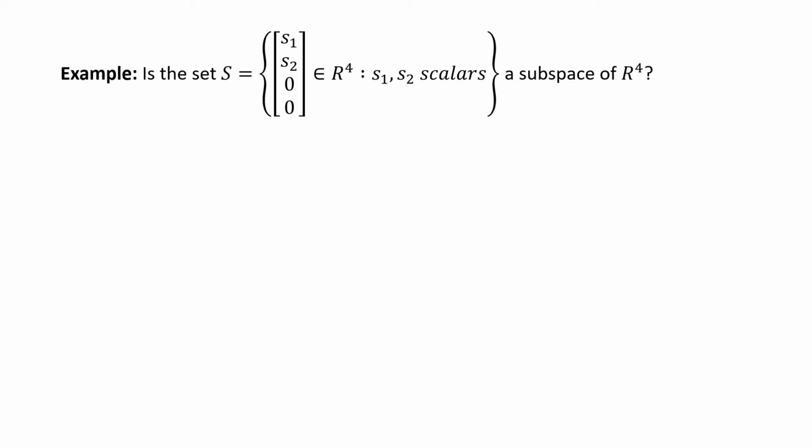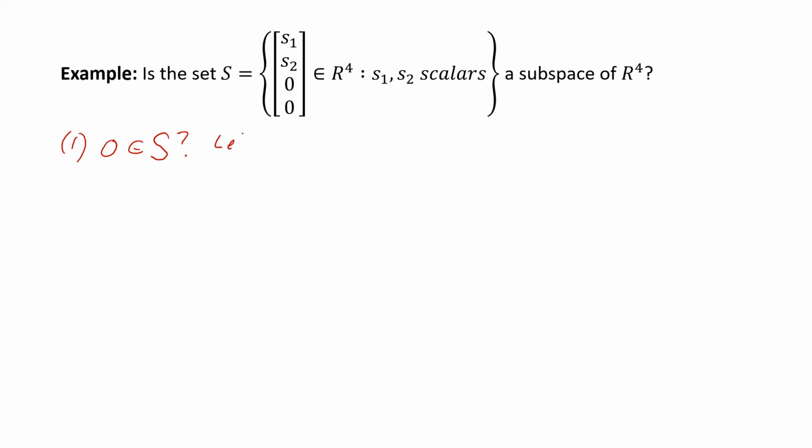So let's work through another example. Take this set S. So S is all the vectors that have four elements, where the first two elements are any numbers, the second two elements are zeros. And is this a subspace? To see if it's a subspace, we have to see if it satisfies those three conditions. So what's the first condition? The first condition asks, is 0 a member of S?